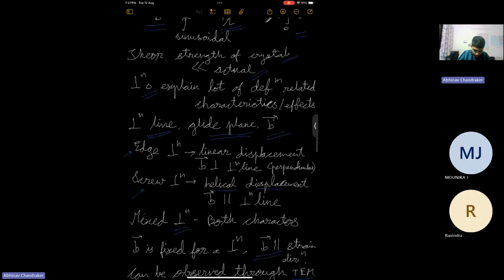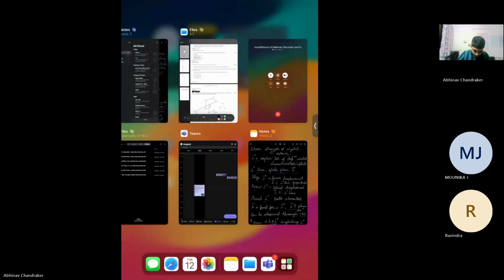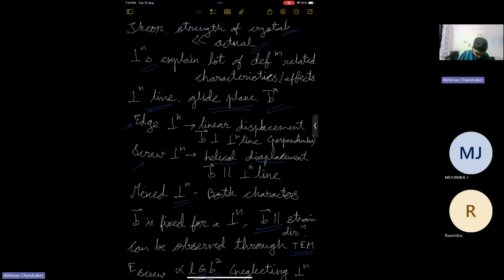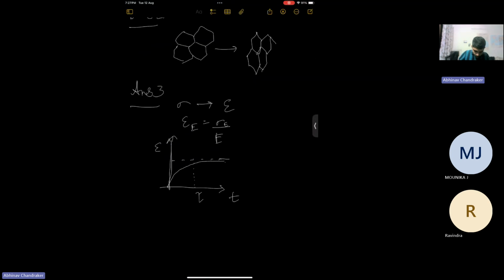So in case of an adiabatic process, let me open the notes where I'm writing it. Answer 4, S3. So for the adiabatic process, sir has told the equation of temperature change.